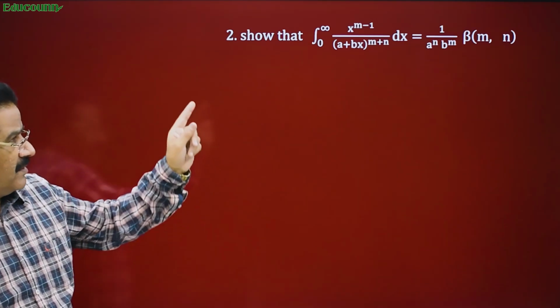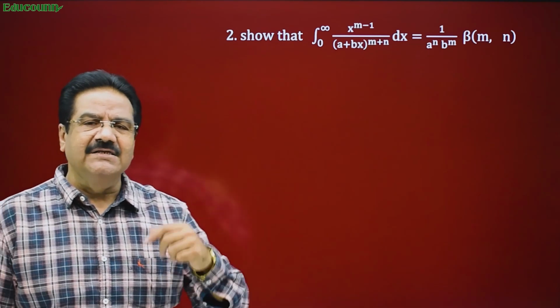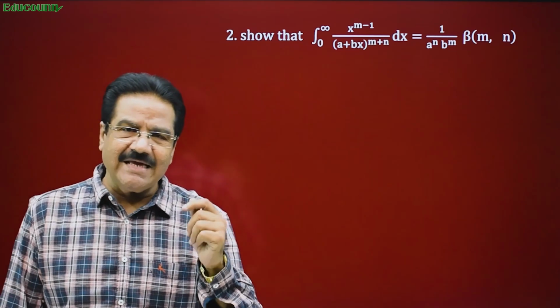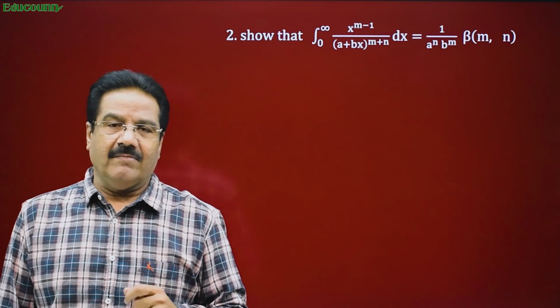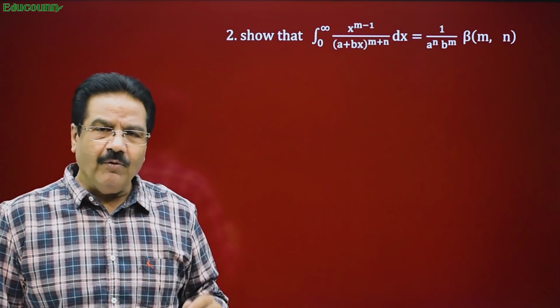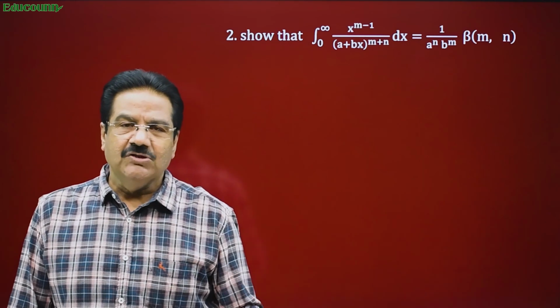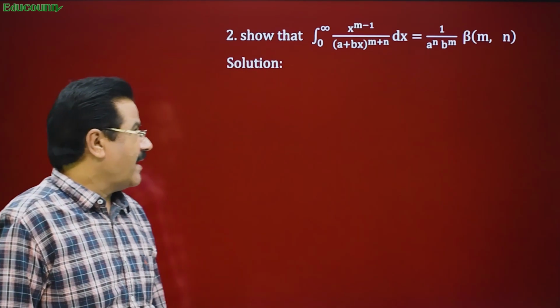Now here we can observe that the integration limits are 0 to infinity. In the numerator we have index m minus 1 and in the denominator m plus n. It's very clear from this that we have to use the alternate definition of beta function. So let us start with LHS. How to solve? Let us see one by one.